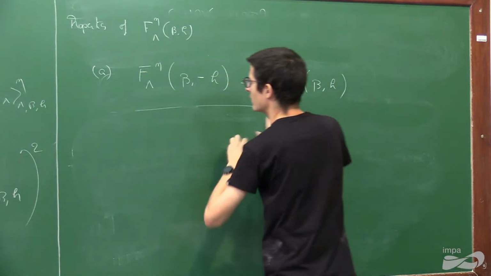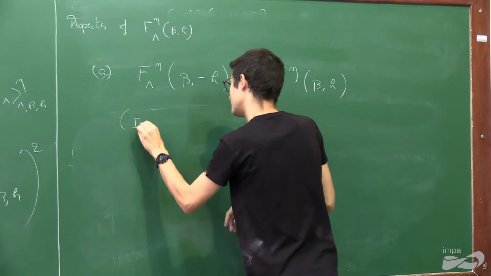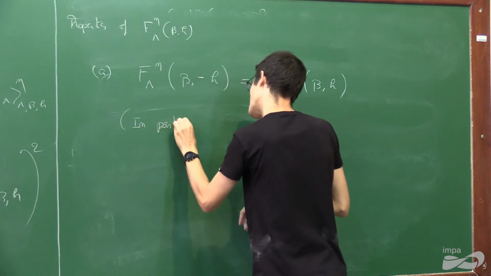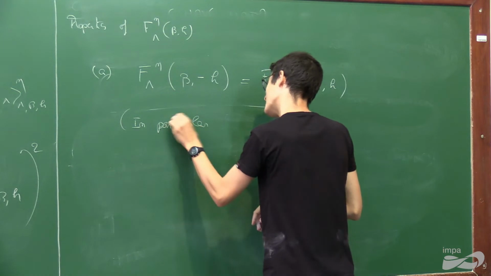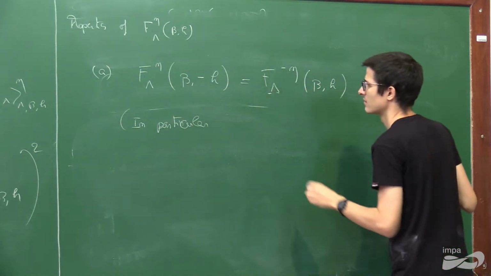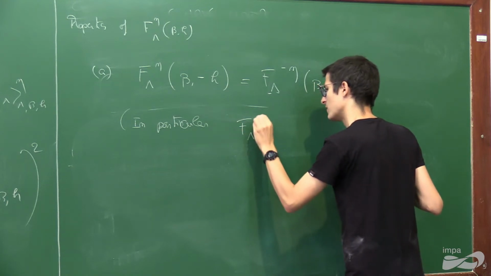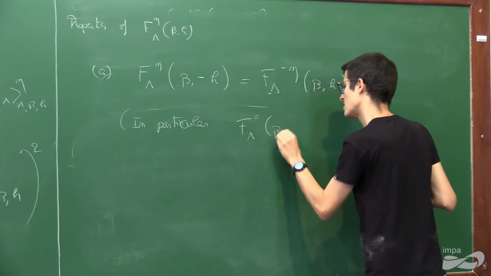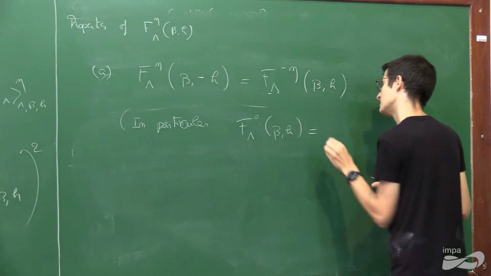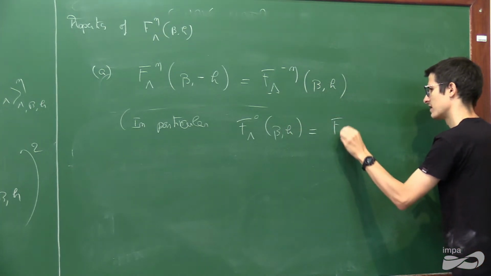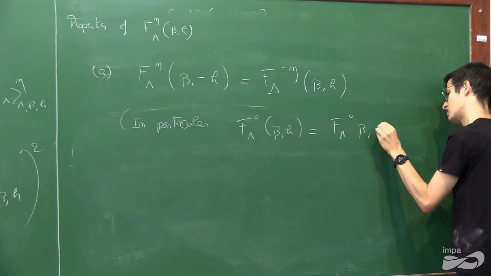So in particular, we have that f lambda 0 beta h is equal to f lambda 0 beta minus h.